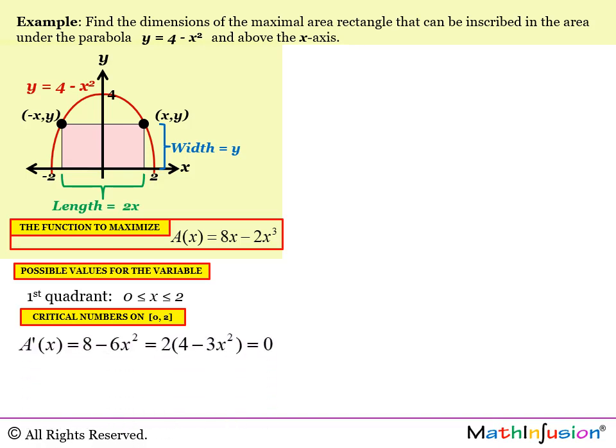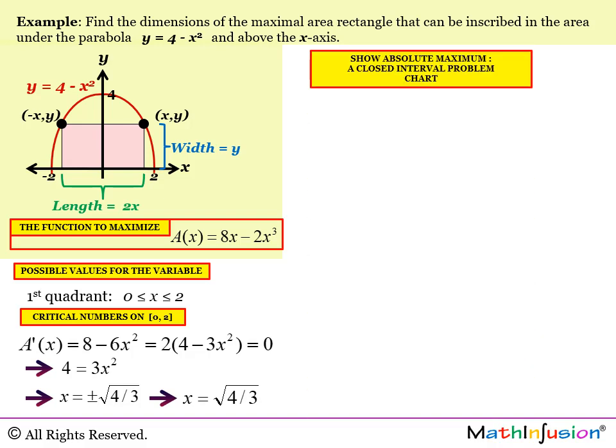Let's find the critical numbers. Let's differentiate, and we want this to be 0. Solve. Algebraically speaking, I'm getting 2 answers here, but one is negative, so I have to take this away. The only one in my domain [0, 2] is x equals the square root of 4 over 3.